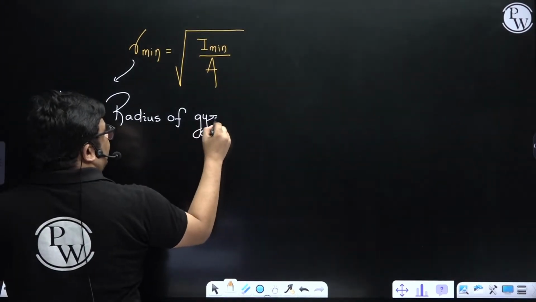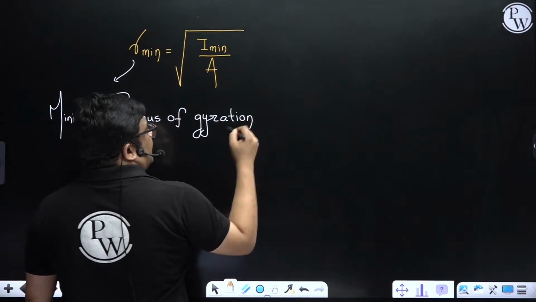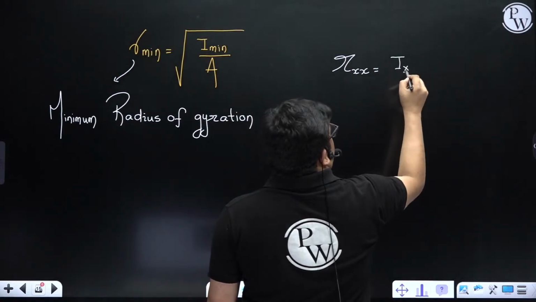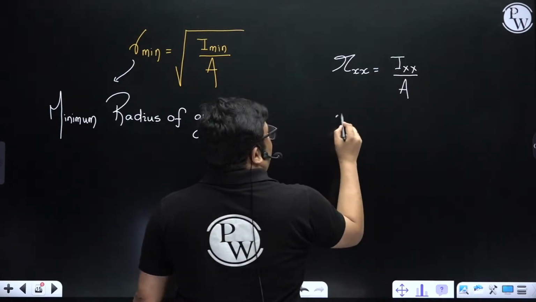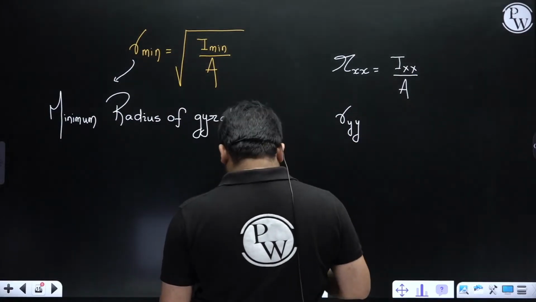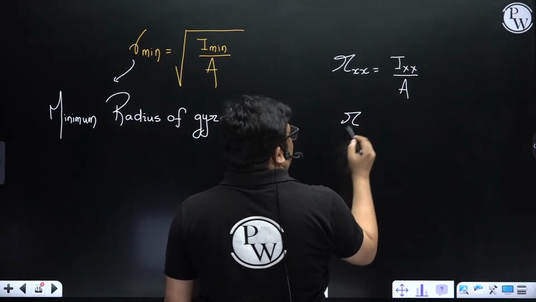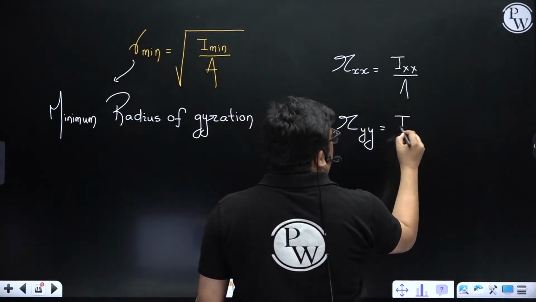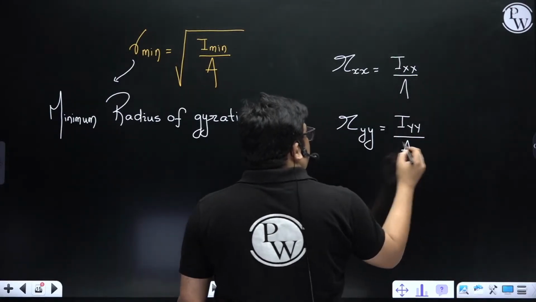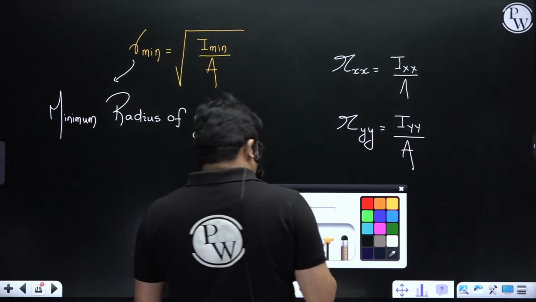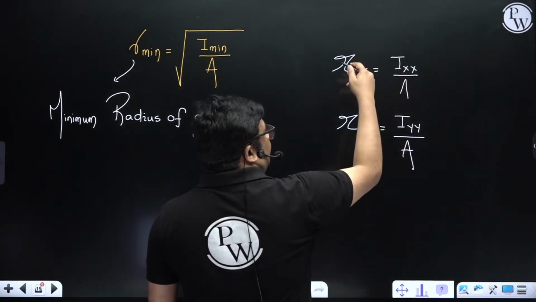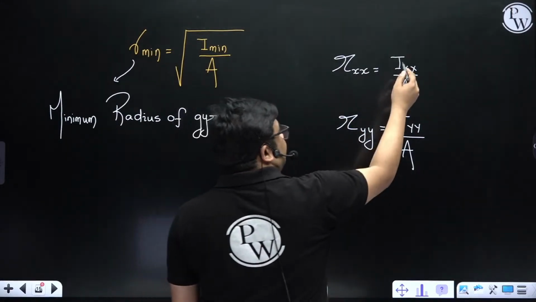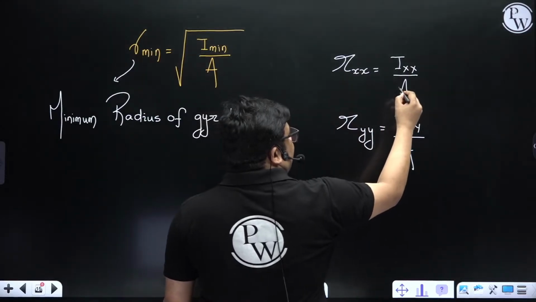So if you see R, we will have an RXX also. RXX will be root of IXX by A, and RYY will be equal to root of IYY by A. Out of these two, whichever is the minimum, that corresponding one will give the R minimum, because A is the same.